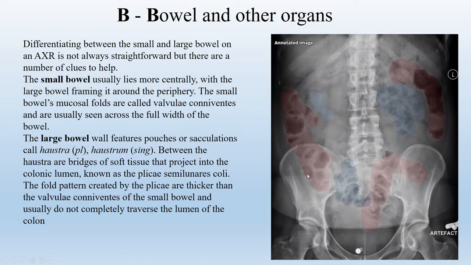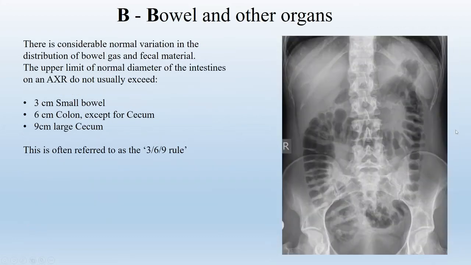And also they are thicker than the valvulae conniventes. So another specific detail about the bowel to consider is whether there is a distension or not, and different literature gives different approaches to this, but I do like this rule of 369.